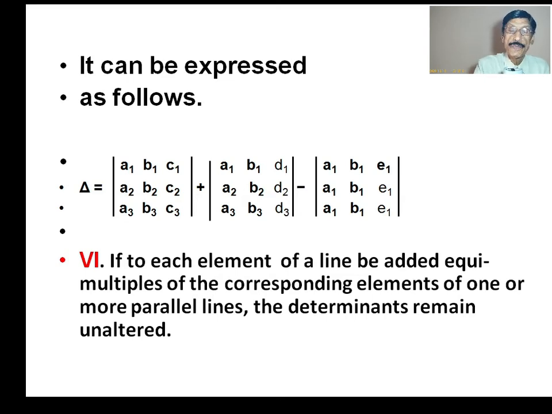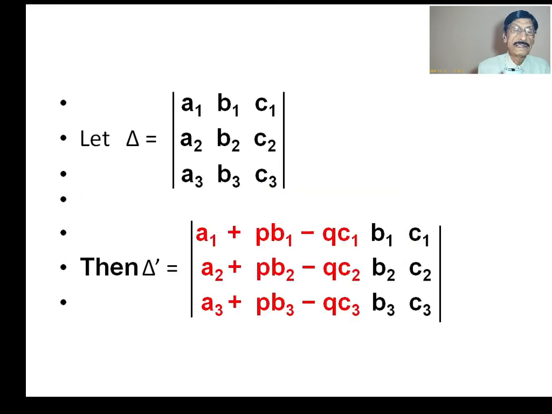Sixth property. If to each element of a line be added equal multiples of the corresponding elements of one or more parallel lines, the determinant remains unaltered. For example, let delta be a determinant of third order.